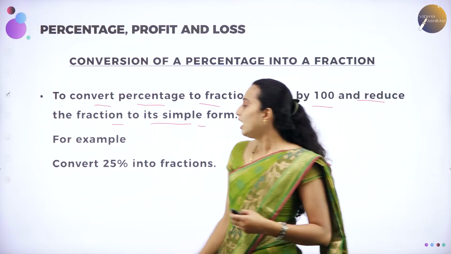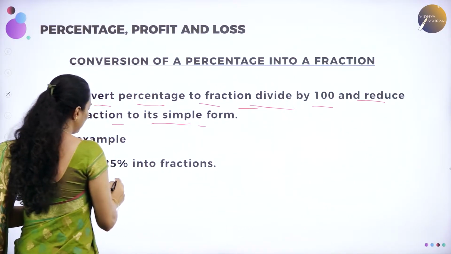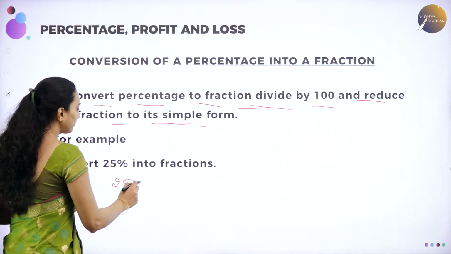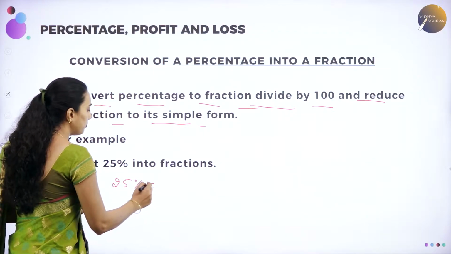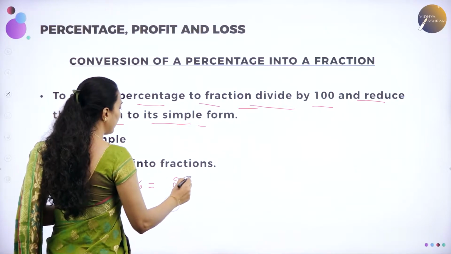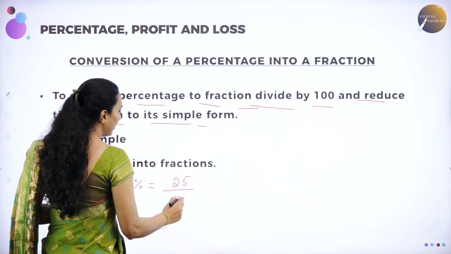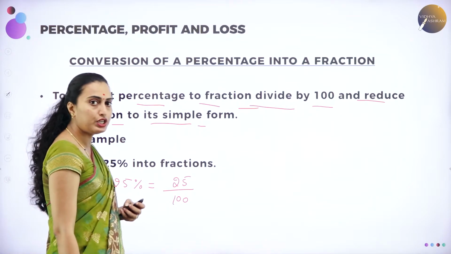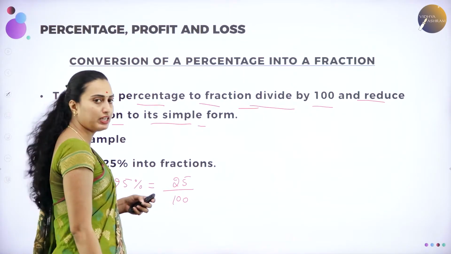Now what they have given, the first one: convert 25% into a fraction. So I can divide this by 100. So 25% will be equal to, percentage means 1 by 100. You can write it as 25 divided by 100. Now you can convert this into the simplest form. It is divisible by 25.